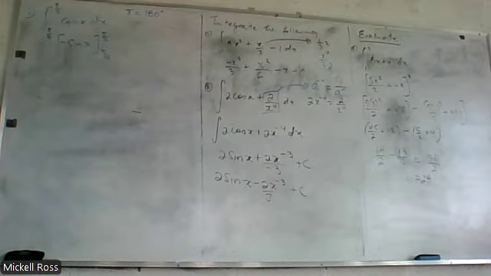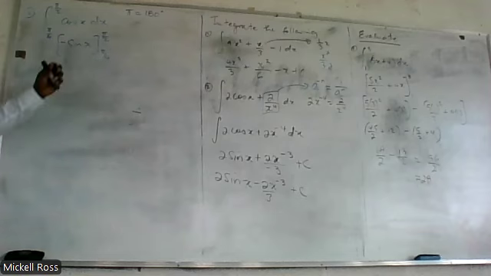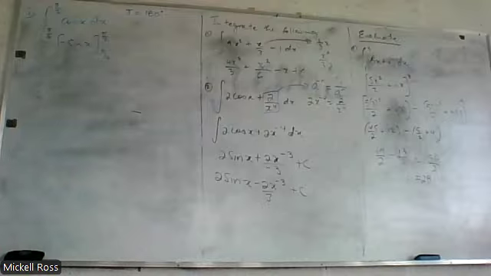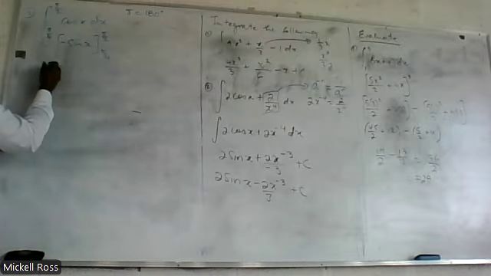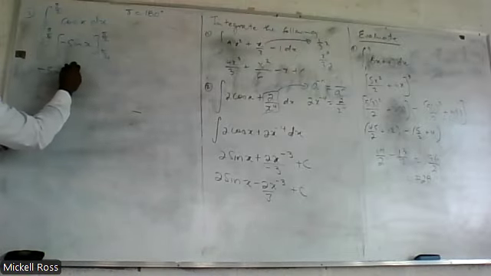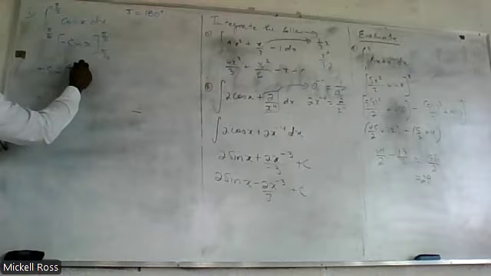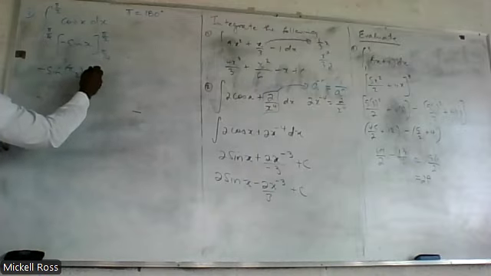Some calculators have the pi symbol on it, but for you, you don't put in the pi symbol because the calculator is not in radian mode. So pi over 2 is what in degrees? 180 divided by 2, 90.